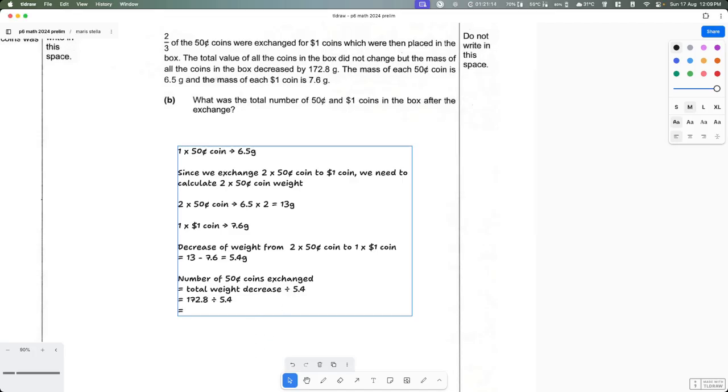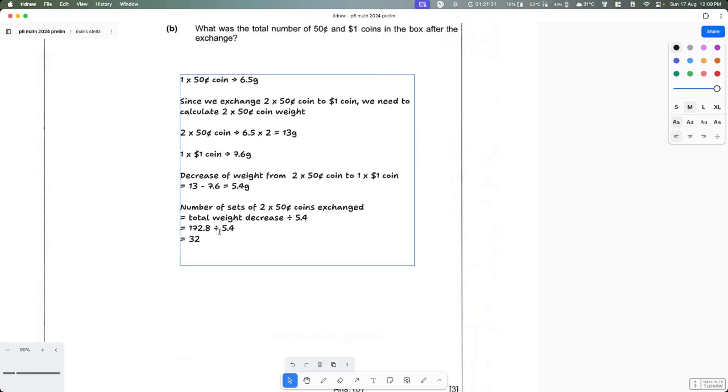This will give us 32, the number of sets of 2 times 50-cent coins exchanged. So that means the total 50-cent coins exchanged is equal to 32 times 2, which is 64.